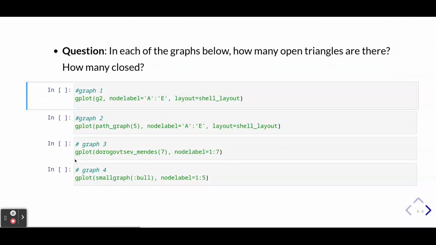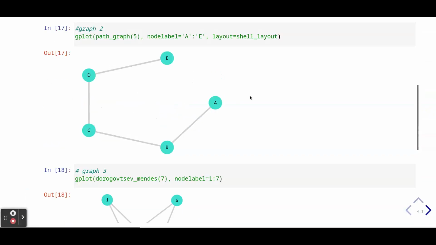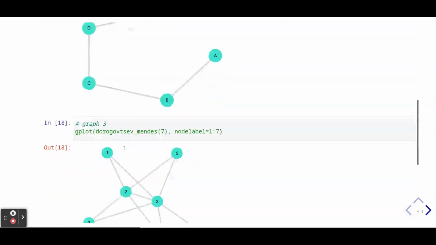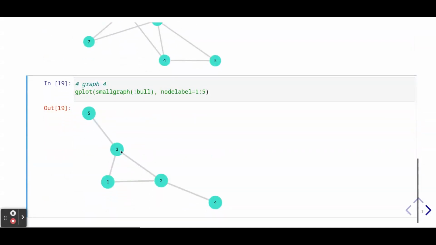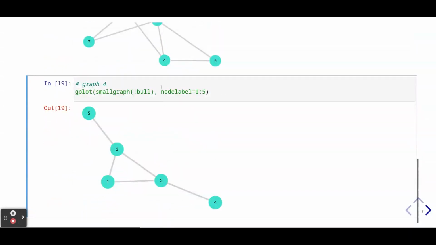I encourage you, we're not going to take the time to do this here in our video, but I would encourage you to look here at these 4 example graphs that I've created for you and try to count how many open triangles and closed triangles there are in each of these graphs. It's a great exercise to see if your intuitions on some of these small graphs are accurate.